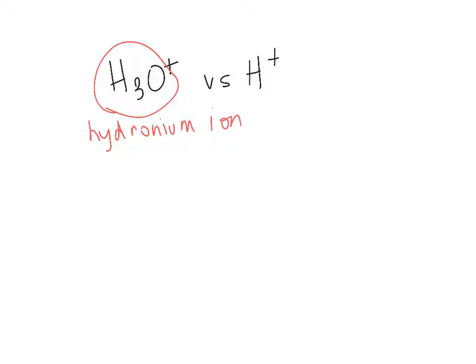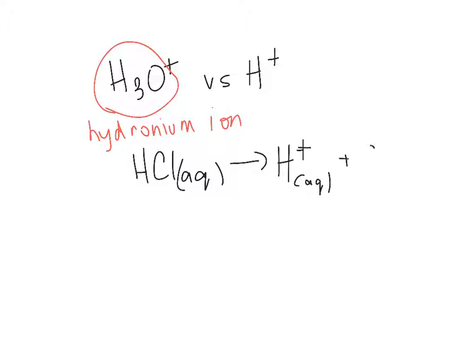So basically, this first equation that you've got in your piece here under problem one, you can write this, but this is now considered to be an informal way to write the ionization of an acid.